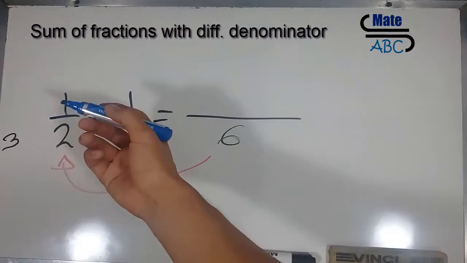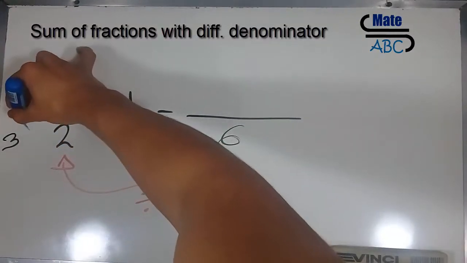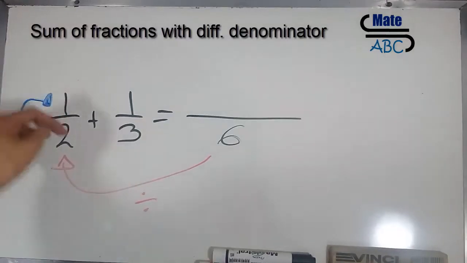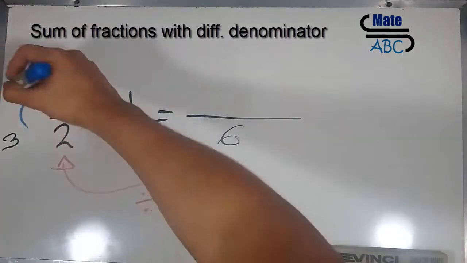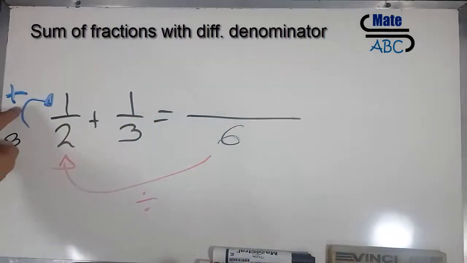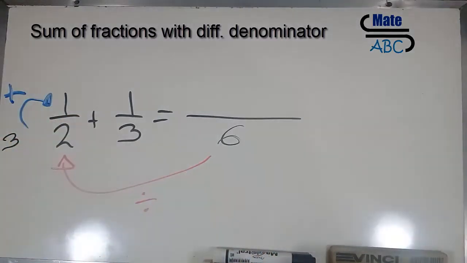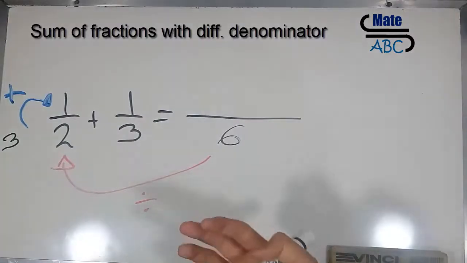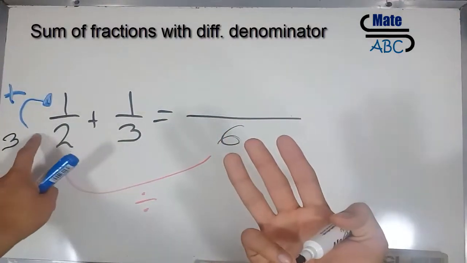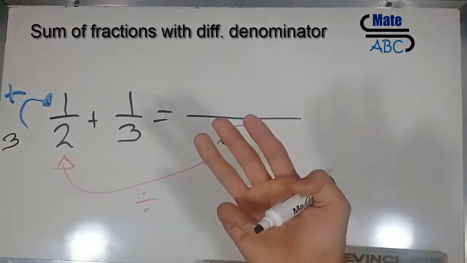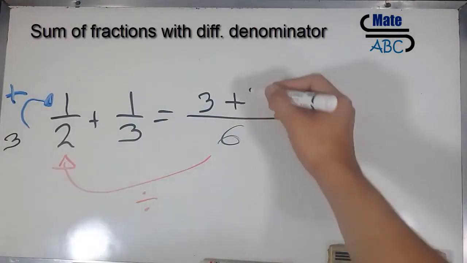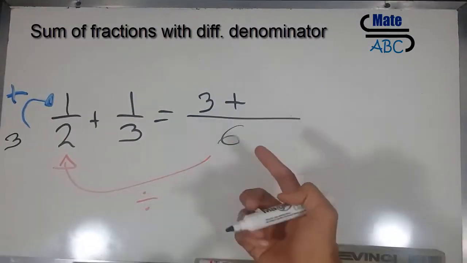So then we need to multiply the result by the numerator, so in this case is 1. We need to multiply it by 1. So we have 6 over 2, that is 3. 3 times 1, 3. And we put it here, and then we put the operator.